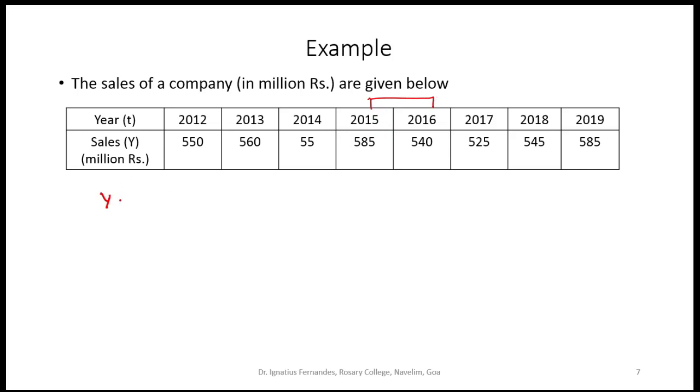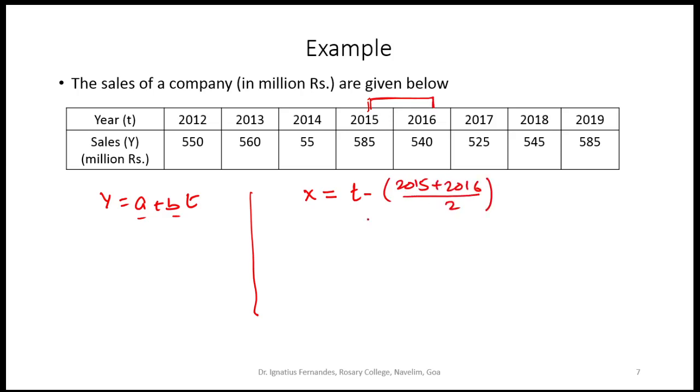Anyway, the equation that we want to find out is y equal to a plus bt, and this a and b can be found by using these normal equations. Now for simplicity, in this case we define x as t minus the arithmetic mean of the middle 2 years, that is (2015 plus 2016) divided by 2, all divided by half into the interval.